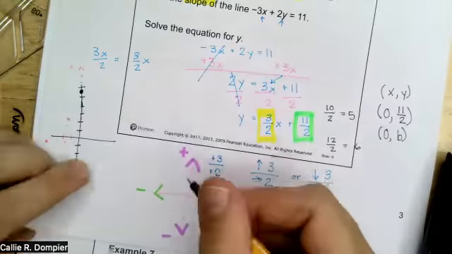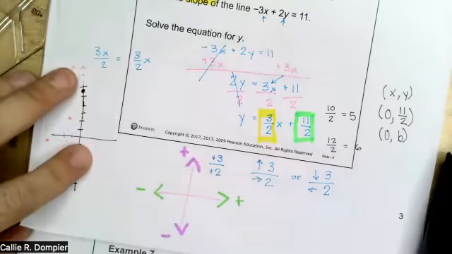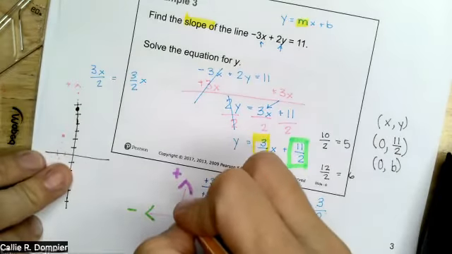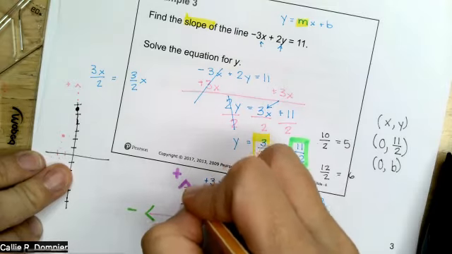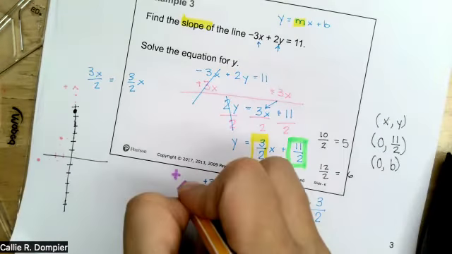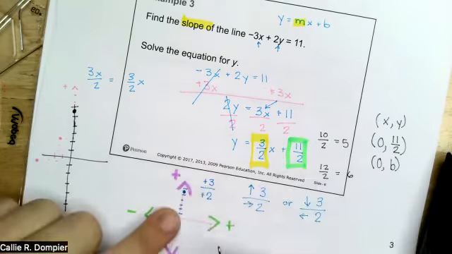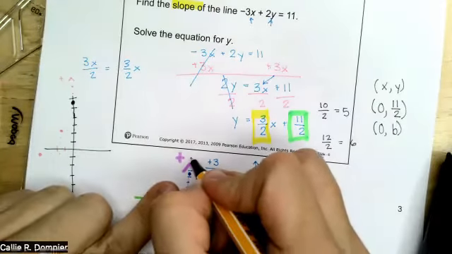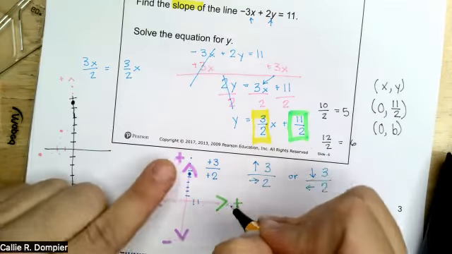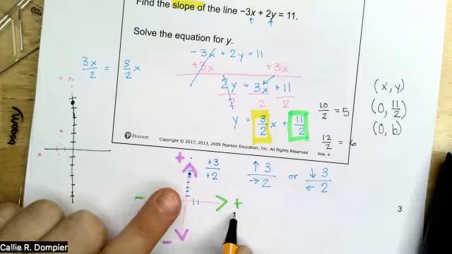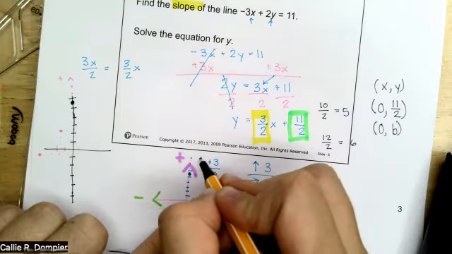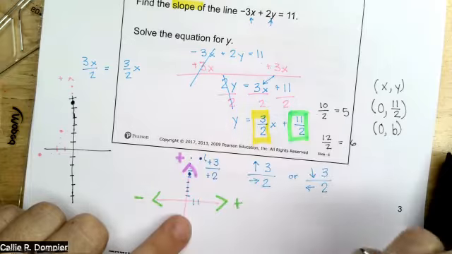So from 6.5, right? 5.5, from this point, 5.5, I can go up 3, and then in the positive x direction, and get this point.